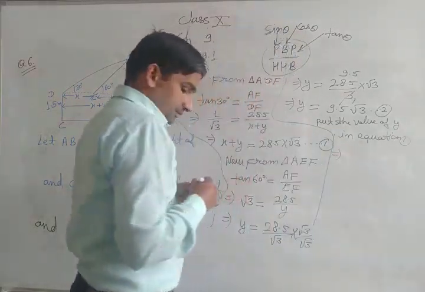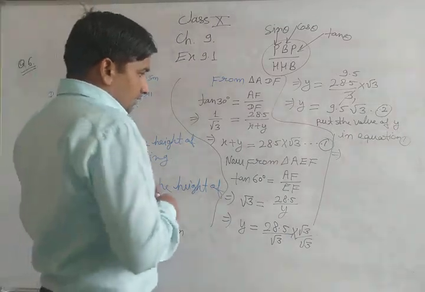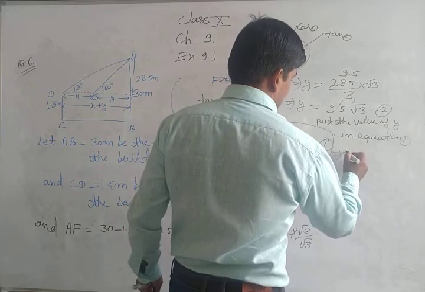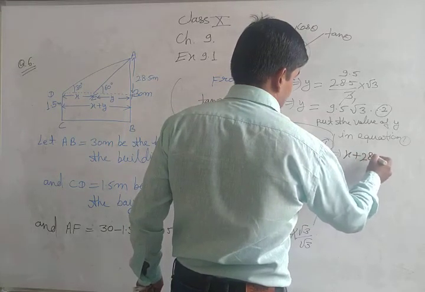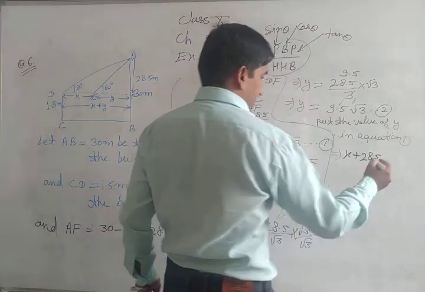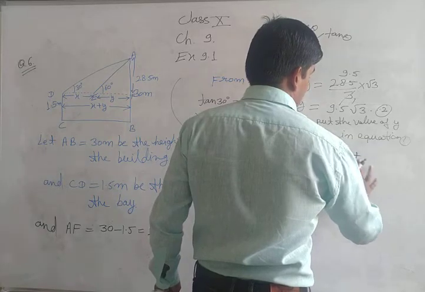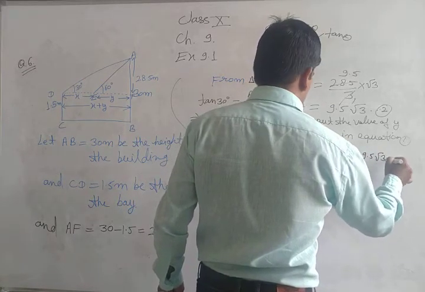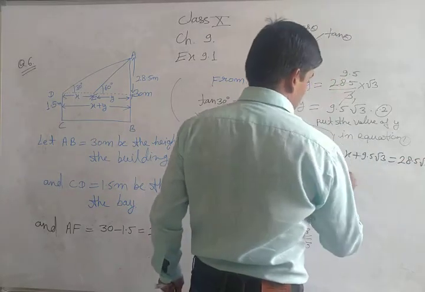It implies that x plus the value of y, 9.5 root 3, equals 28.5 root 3.